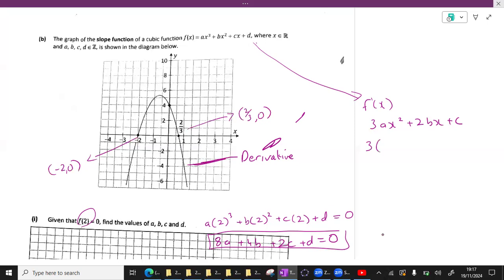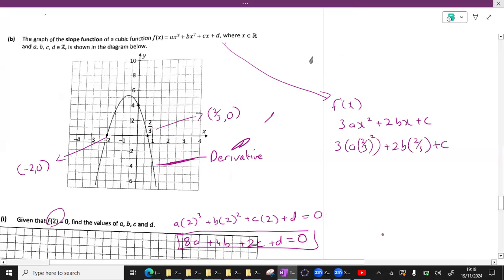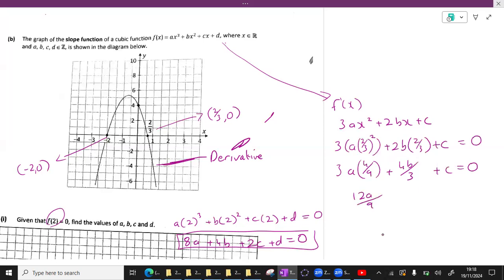So I'm going to have my 3a, my x is 2/3 squared, plus 2b, and again that's 2/3, plus c, and that's 0. So I'm just working this out. That's going to be 4 over 9, so 12a over 9 plus 4b over 3 plus c equals 0.